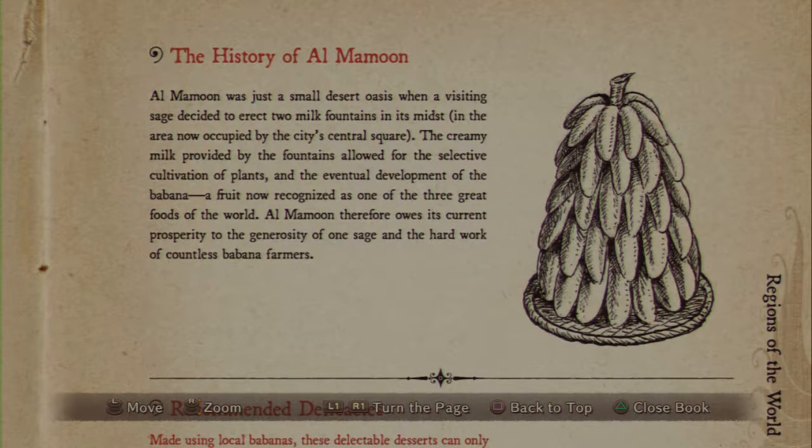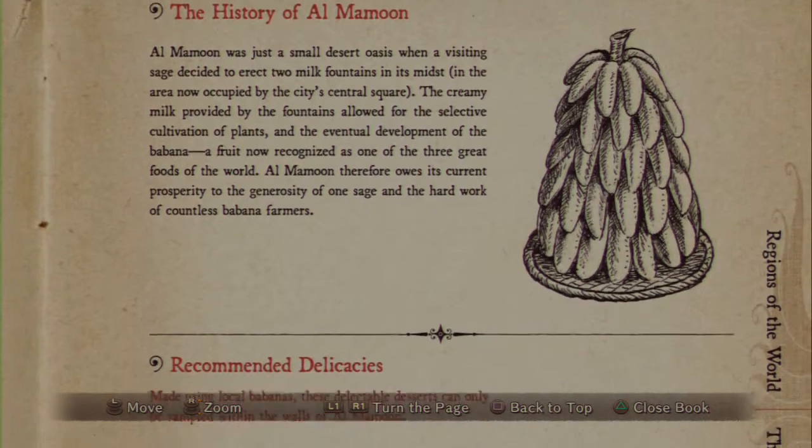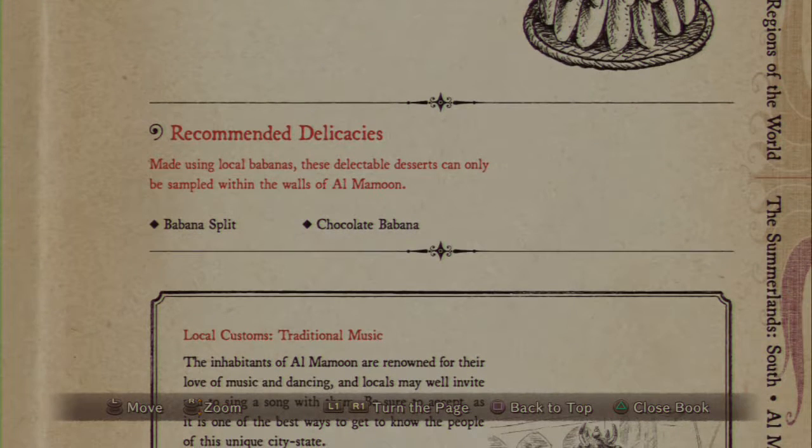Mamoon therefore owes its current prosperity to the generosity of one sage, and the hard work of the countless babana farmers. I'd imagine that sage was probably Rashaad. It doesn't mention him by name, but considering that he's living in Mamoon now, it makes it seem kind of obvious, but that's neither here nor there.